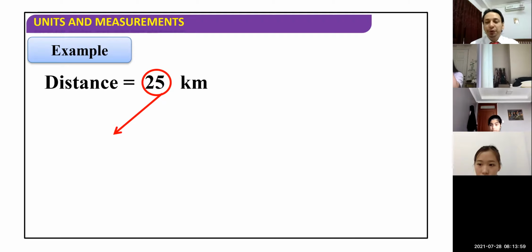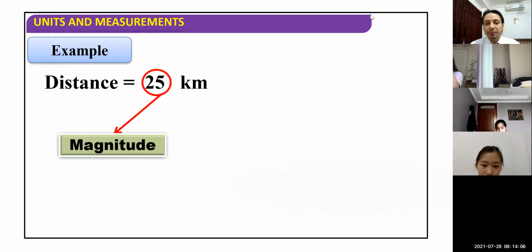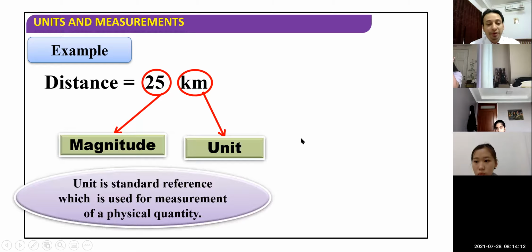So the magnitude should be there, and along with that, the unit should be there. Kilometer is the unit, and a unit is a standard reference which is used for measurement of a physical quantity.